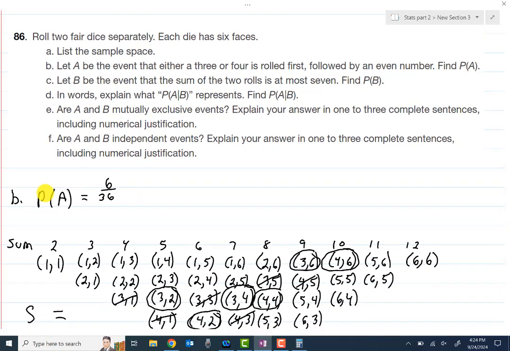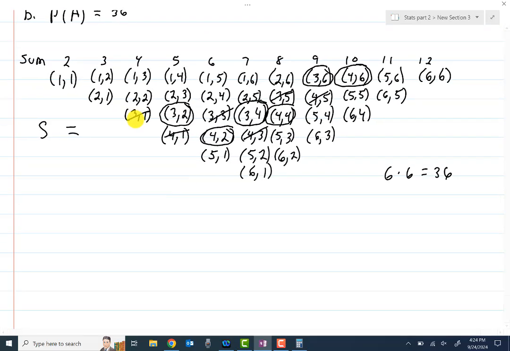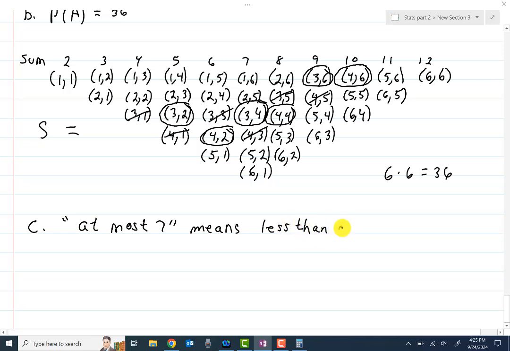Part C, let B be the event that the sum of the two rolls is at most 7. So the phrase at most 7 means less than or equal to 7.